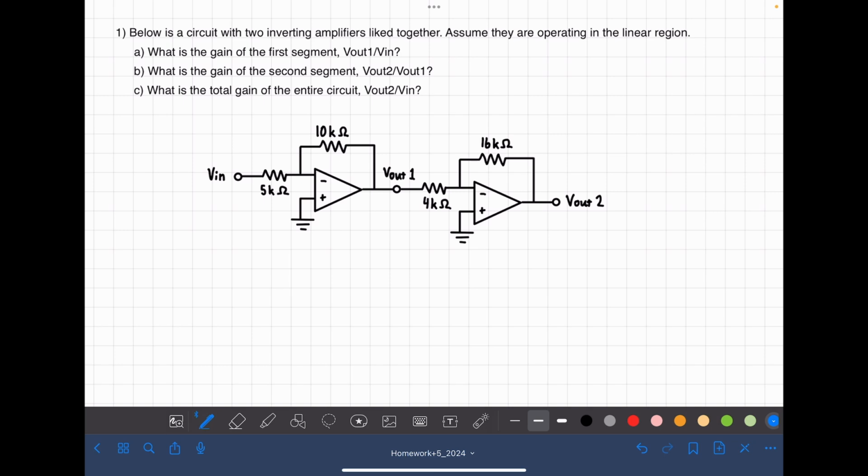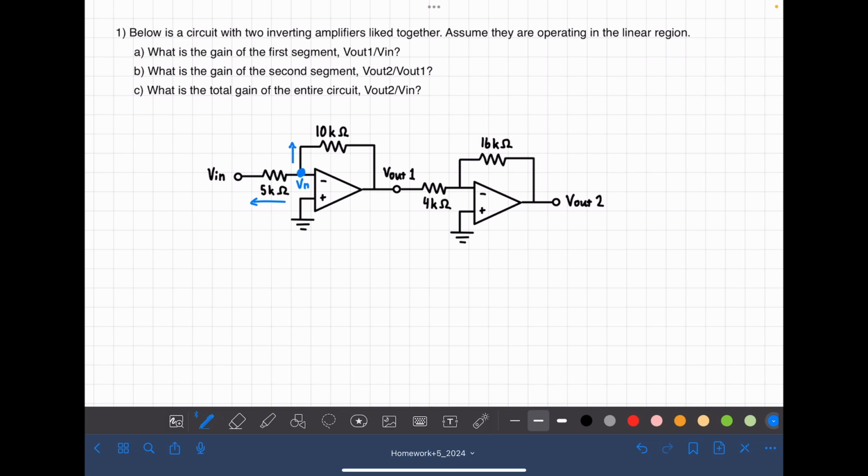So that's the first stage gain of just this right here. So we're going to apply KCL at this node here. So we have a current going out there, current going out there, current going out there. But this is our IN current. So we know that it's equal to 0, so we can just ignore it. So we only have two currents here. This is our VN node.